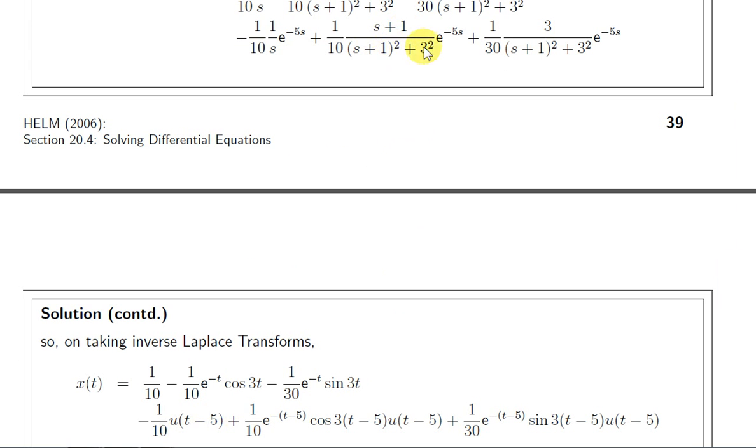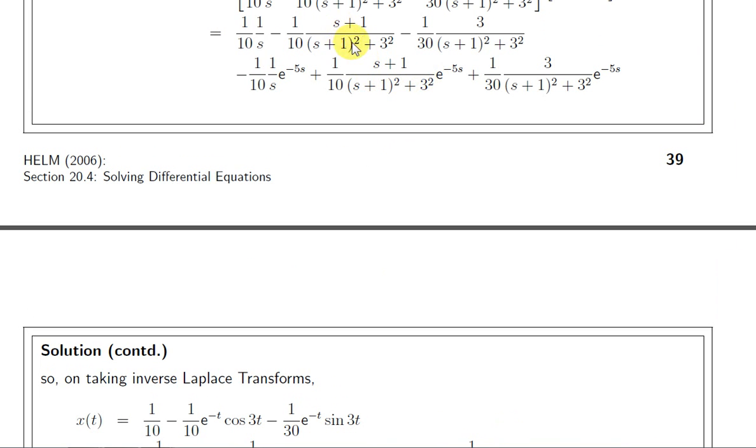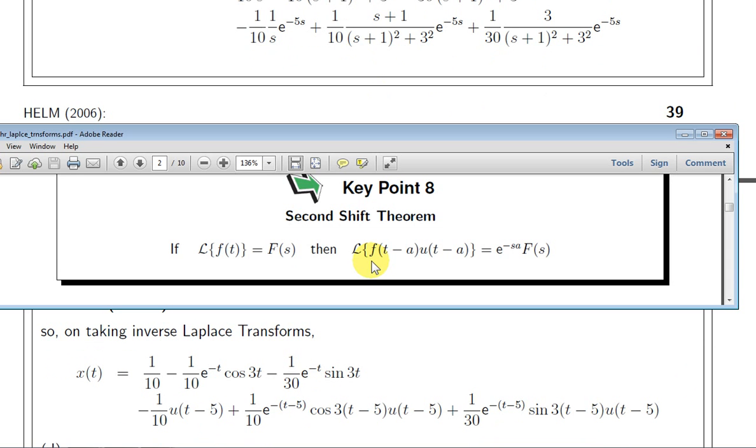Now, the next term is identical to a previous term that we looked at. It's identical to this one here, except for the exponential, e to the minus 5s. And we got the inverse transform of this before. We saw that it's e to the minus t cos 3t. But we use the second shift theorem to deal with the fact that we're multiplying by the exponential. In other words, we know what little f of t is. It's the inverse transform of big F of s.